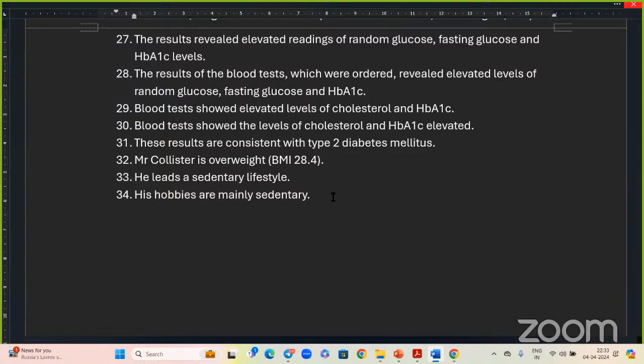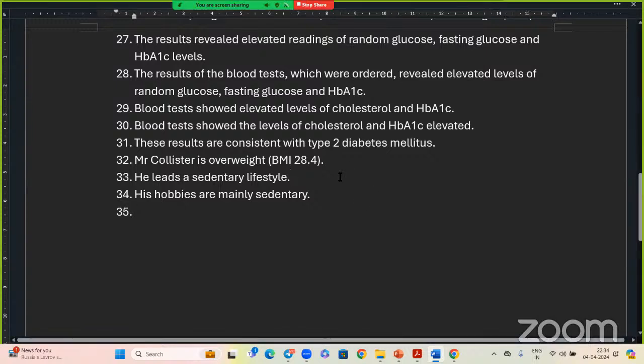Next one. What are the other things? So first learn to write small sentences, then afterwards these two sentences you can write in one sentence.